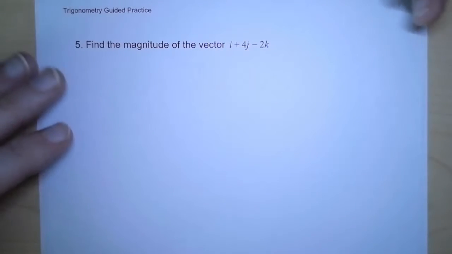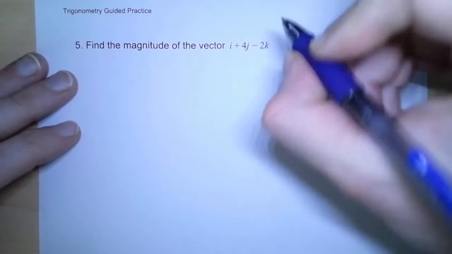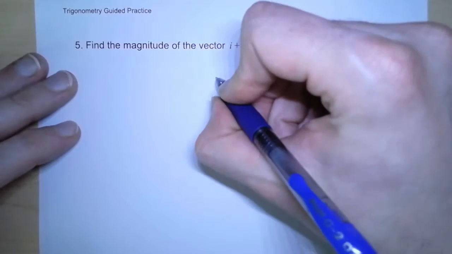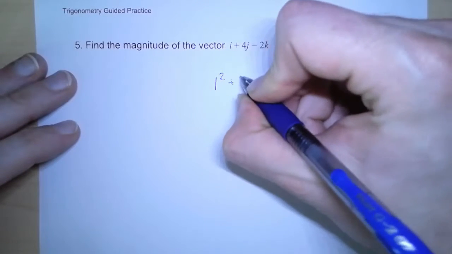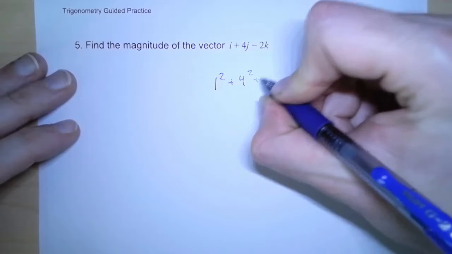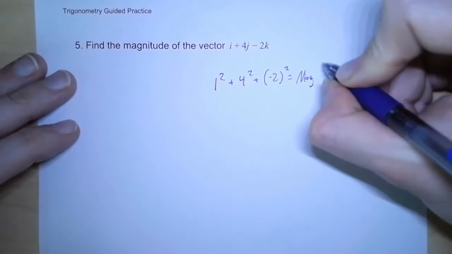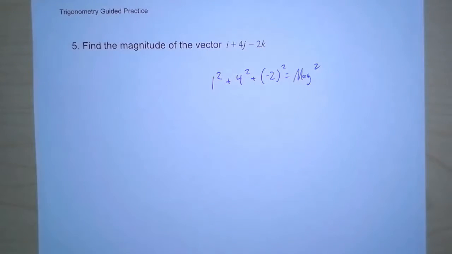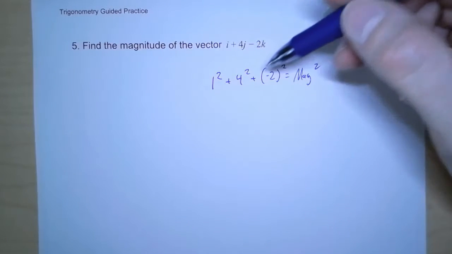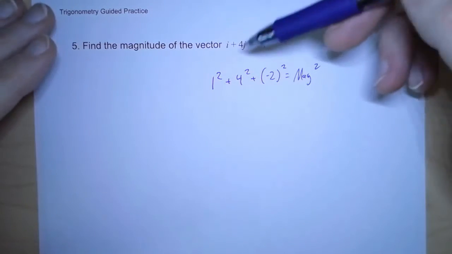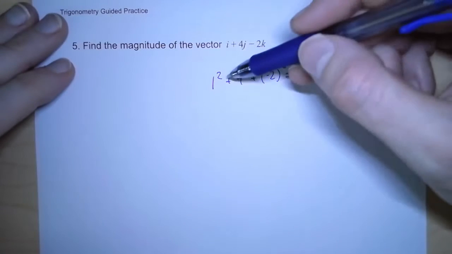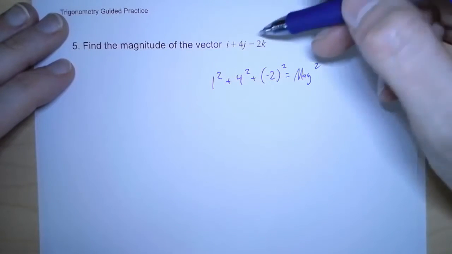So what happens is we take each of the 3 components and square them all. So 1 squared plus 4 squared plus negative 2 squared equals the magnitude squared. And so the Pythagorean theorem extends into as many dimensions as we need. And so this will give us the distance from the start point to the end point.